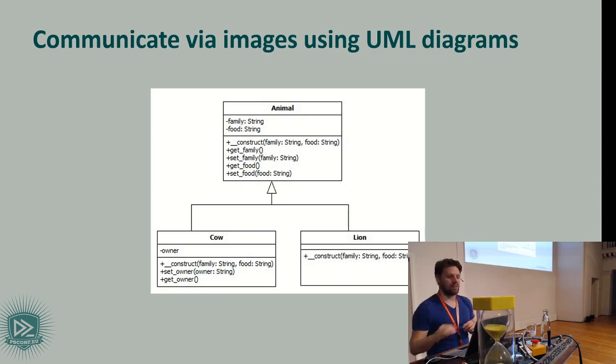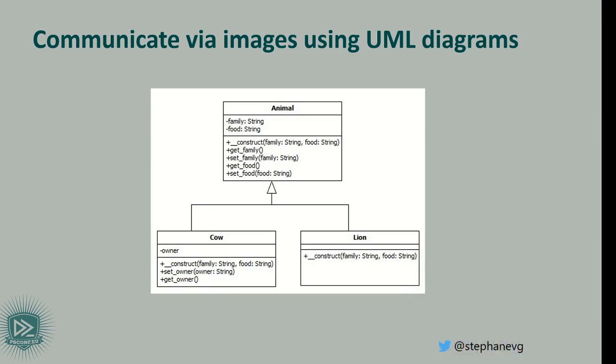Cow inherits from animal, etc. This line separates properties from methods, and the plus means they are public, visible from outside, and the minus means they are private, only available inside that class. In PowerShell we don't have that notion of public and private, and we can only mark methods with a pseudo state called hidden.